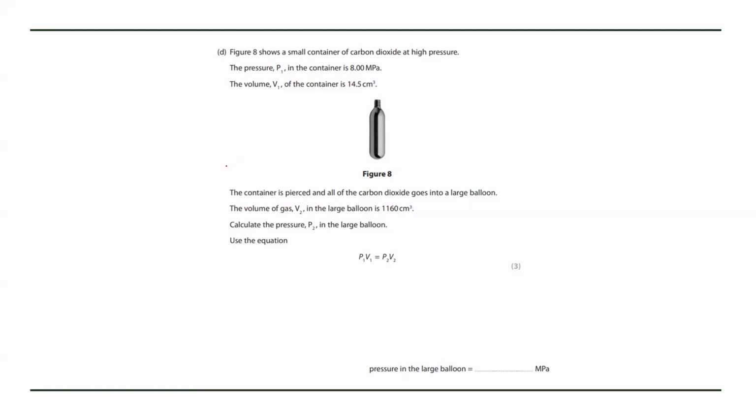So we're told what P1 is. We sometimes have to work that out ourselves, but we're told this time. So let's substitute: 8 times V1, 14.5, equals P2, which we don't know, so leave that, times 1160. So it's an equation. We can work out the number on this side to make our lives easier. 8 times 14.5 is 116, which equals P2 times 1160.